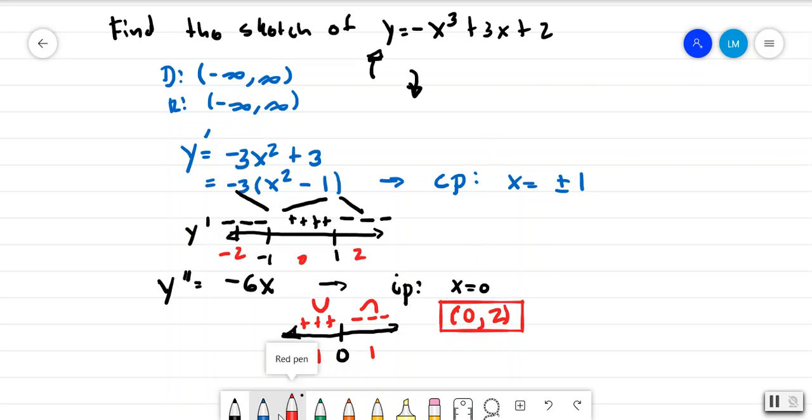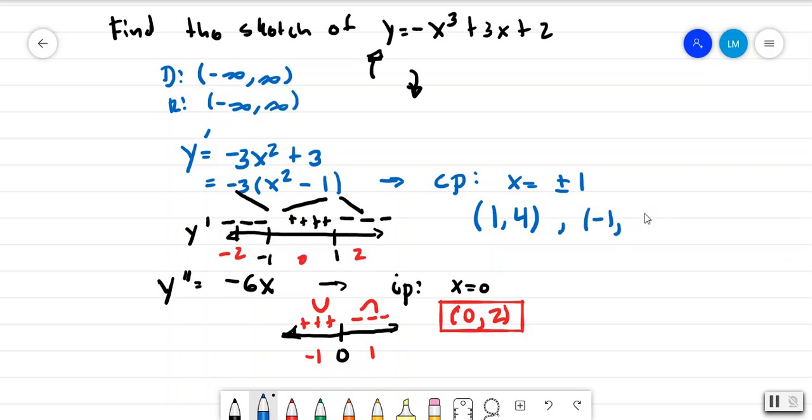Back over here, we had the critical points. When we plug in 1, that's going to give us 4, so 1, comma 4. We called that the maximum.